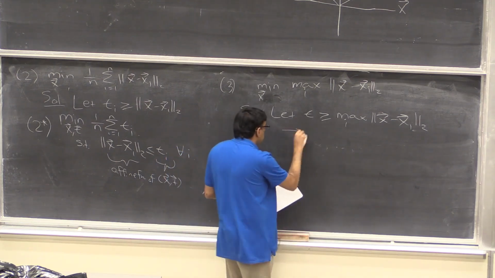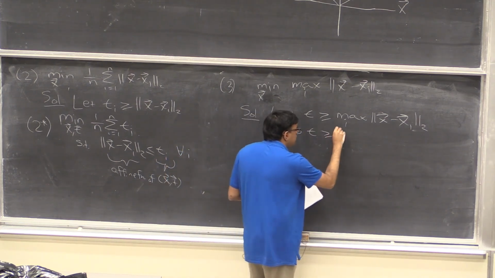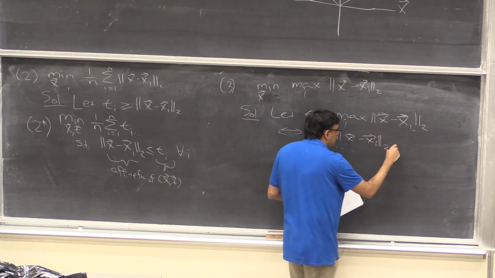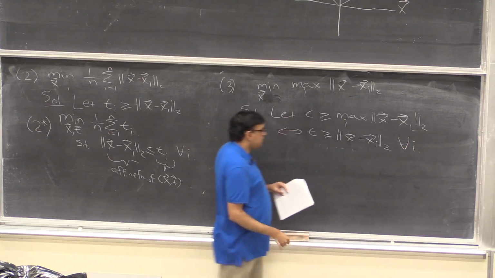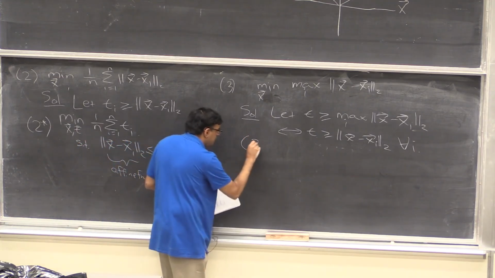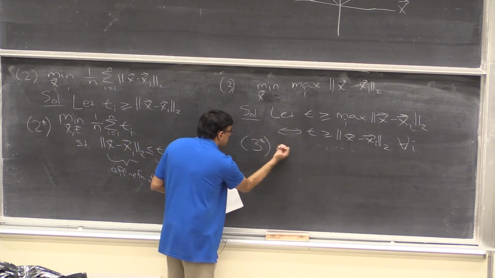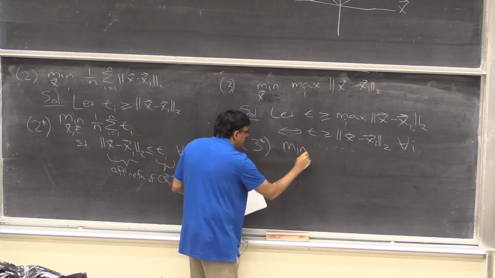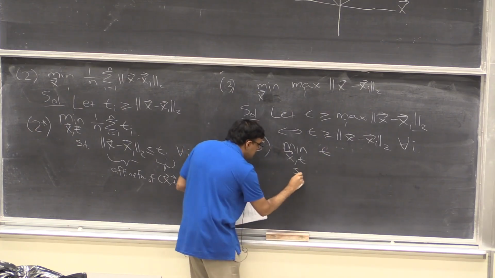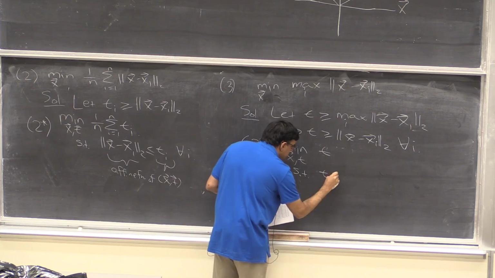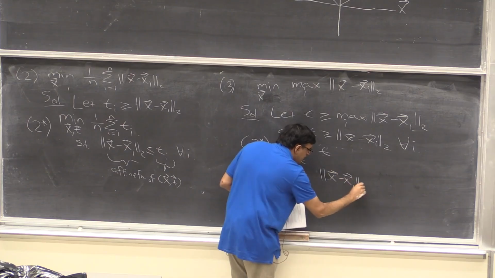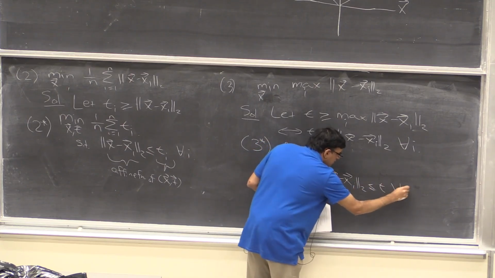So t is greater than or equal to the norm of x minus xi for all i. And so our problem 3 star is going to be min over x and t of just t, subject to the norm of x minus xi less than or equal to t for all i.